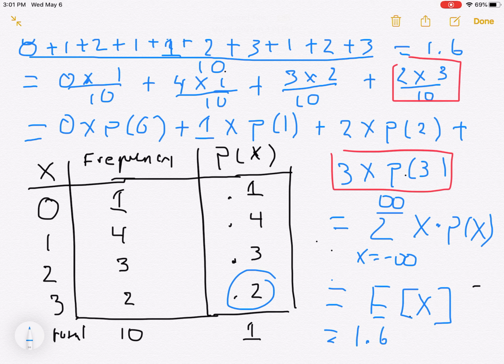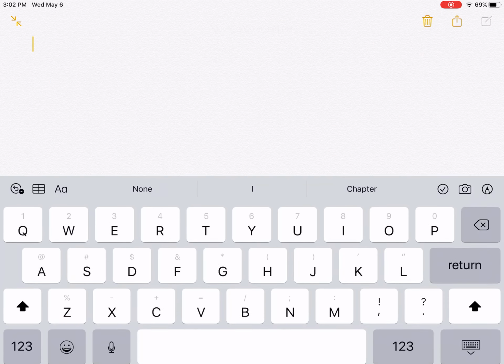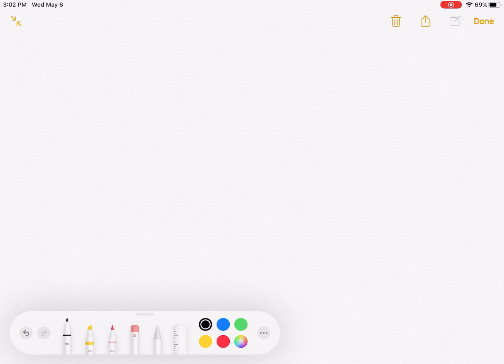There's also something called the standard deviation and the variance of x. It's going to be how far an observation lies from the mean. I'll switch back to black.